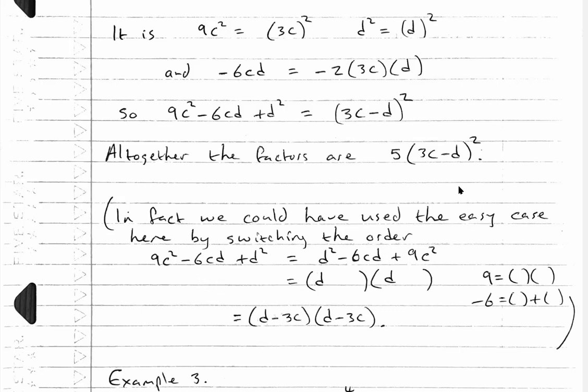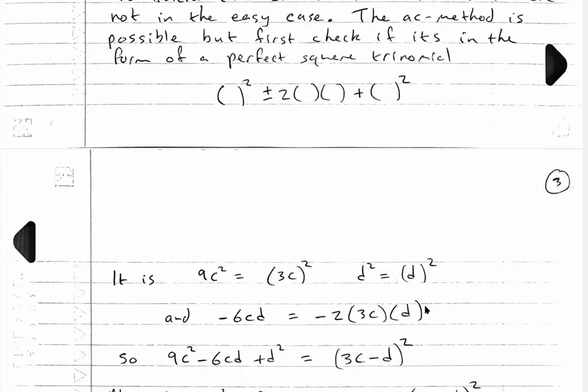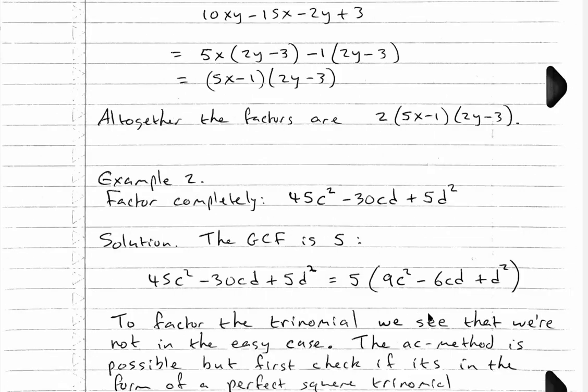Okay, so if you switch the signs here, it's the same thing because you're squaring. All right, so in fact, for this example, all 3 trinomial methods work on it.